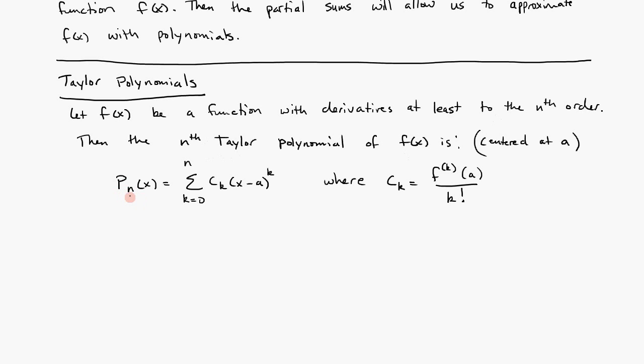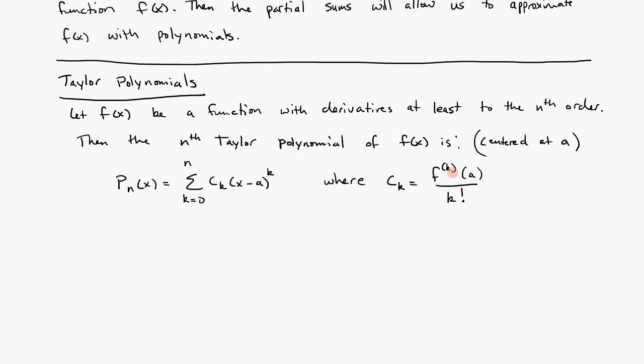The nth Taylor polynomial P_n of x is the sum k equals 0 to n of c_k times (x minus a) to the k. So it's just the nth partial sum of a power series, and the coefficients have the following formula: c_k is equal to the kth derivative of f evaluated at a, divided by k factorial.